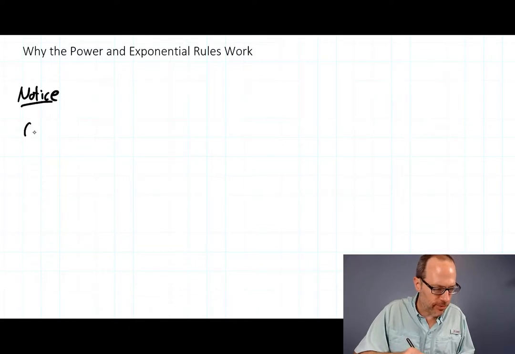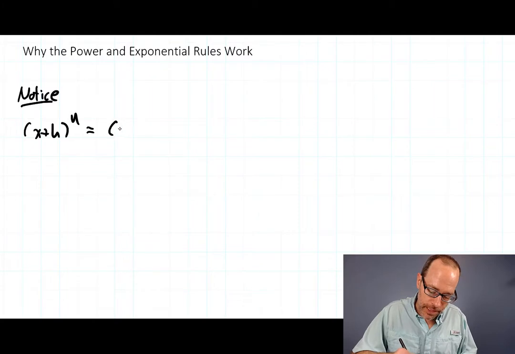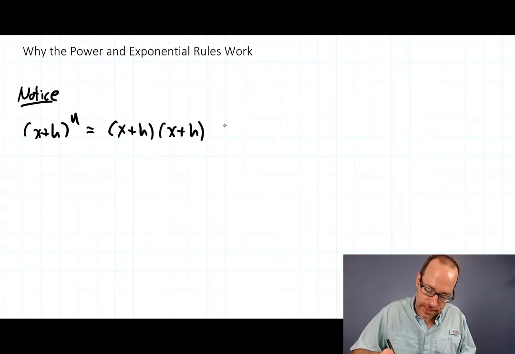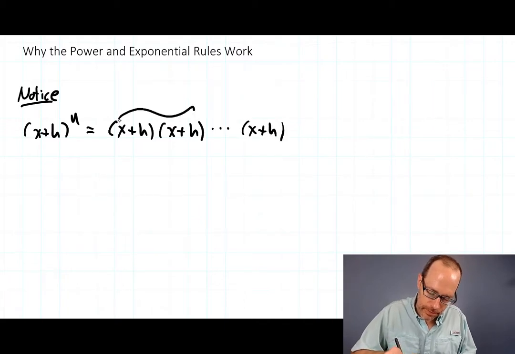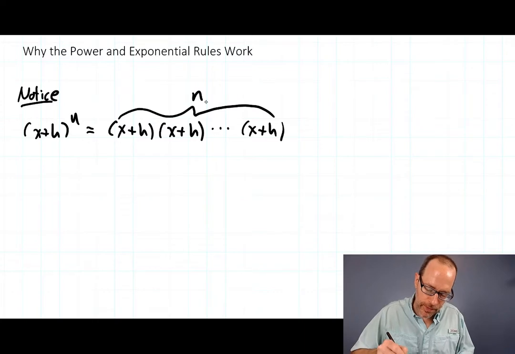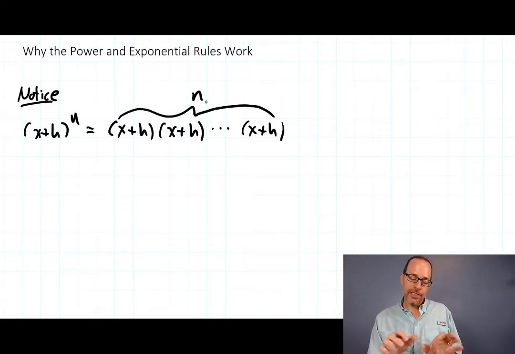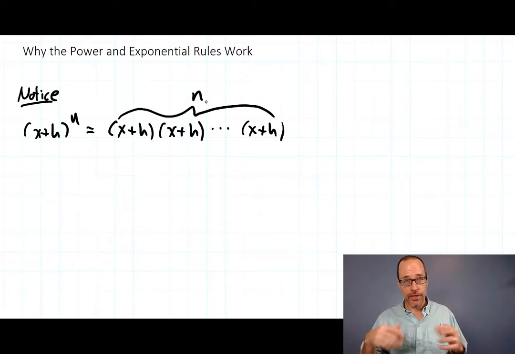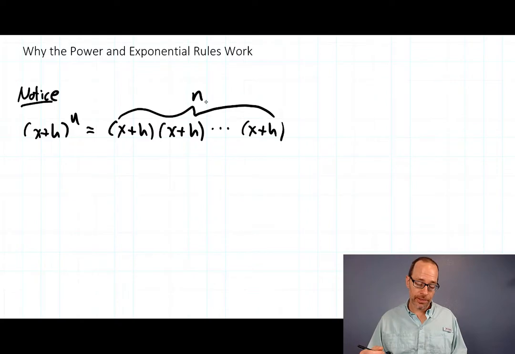If I have (x plus h) to the n, that means I have to multiply this (x plus h) n times against itself. And what you do, from each of these parentheses, you pick either an x or an h from each one, multiply it together, and you look at all possible ways to do that, and that's what the power is.